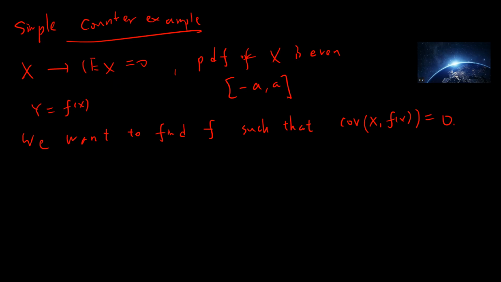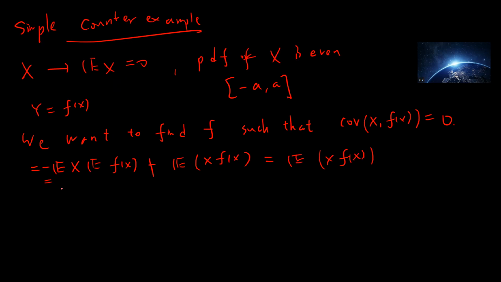This is just the expectation of X f of X minus the expectation of X times the expectation of f of X, and the second term is zero. So it's the expectation of X f of X, which is the integral from negative a to a.